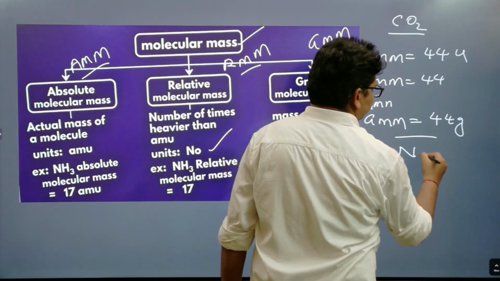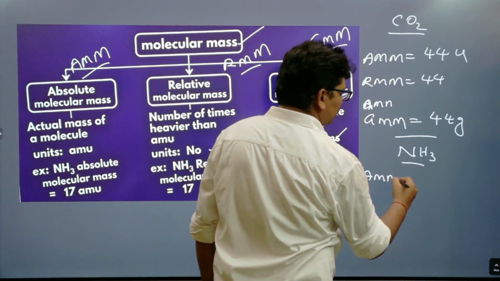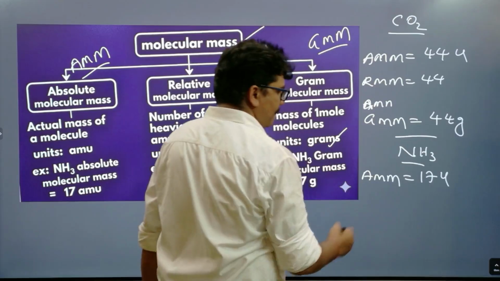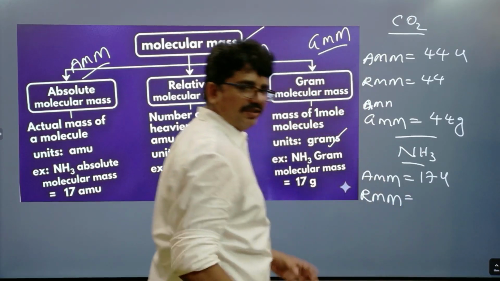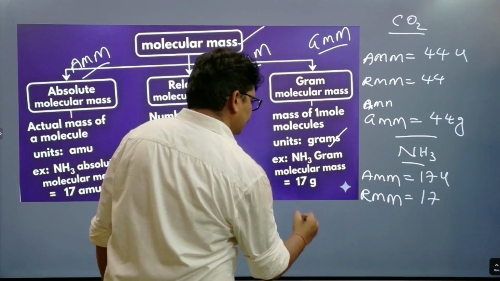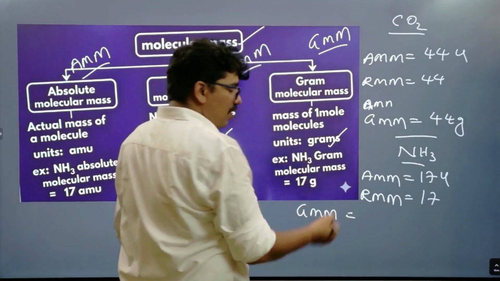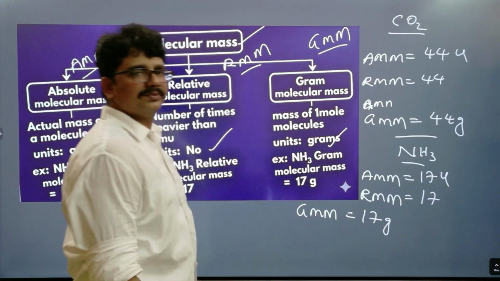Similarly, take ammonia. Absolute molecular mass, one ammonia molecule mass is 17 U. Relative molecular mass of ammonia with respect to AMU, that is 17. Gram molecular mass of ammonia, 1 mole ammonia molecule's mass, it will come in grams, that is 17 grams.